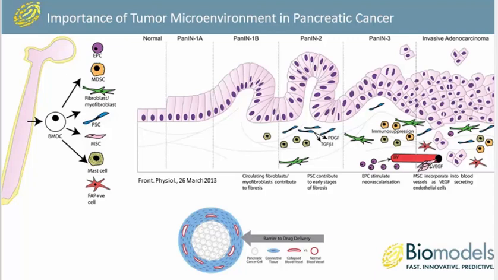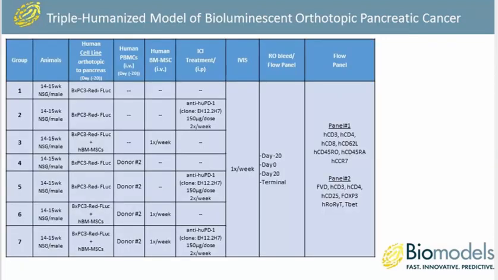And one of the key cells that has been recently identified as playing a role in both of these, as well as in many other cancer contexts, are the mesenchymal stem cells, or the MSCs.